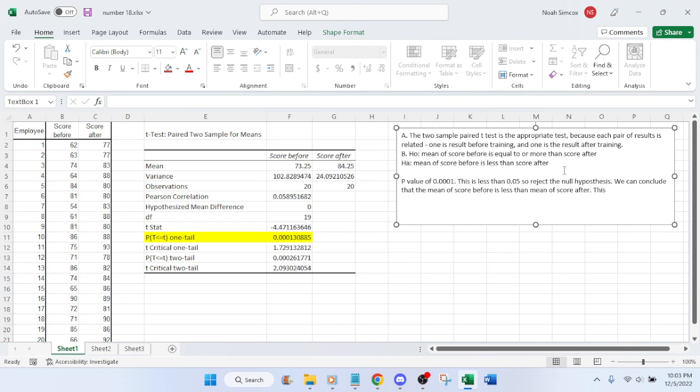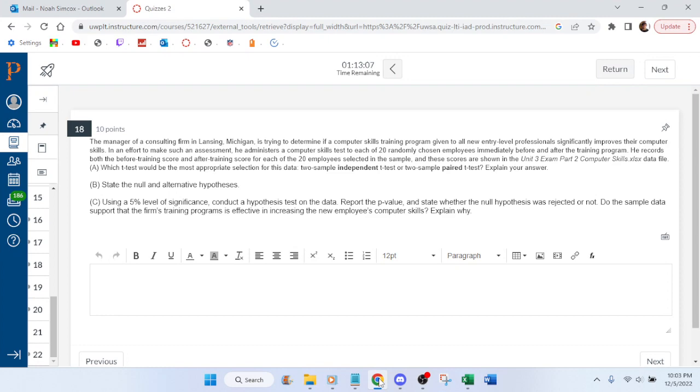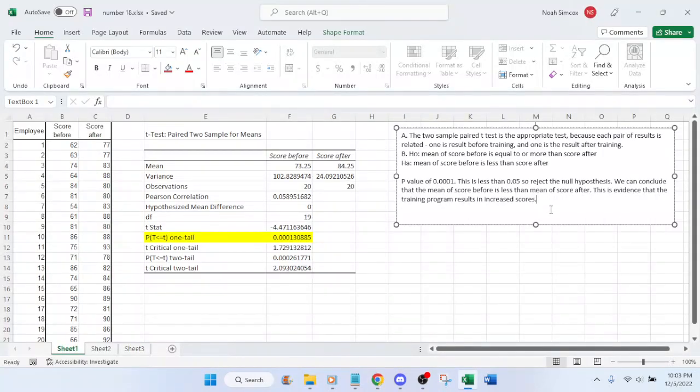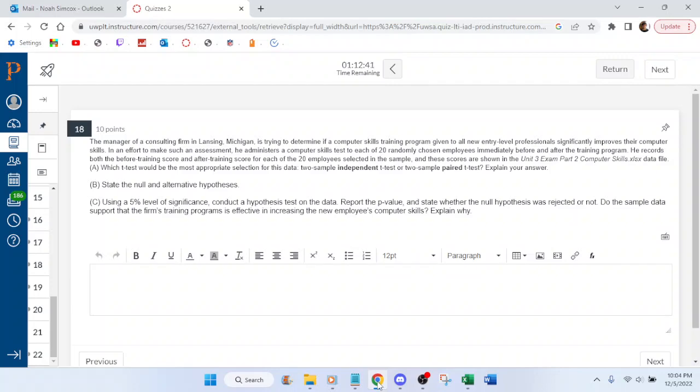This is evidence that the training program results in increased scores, and is therefore effective at increasing the new employees' computer skills.